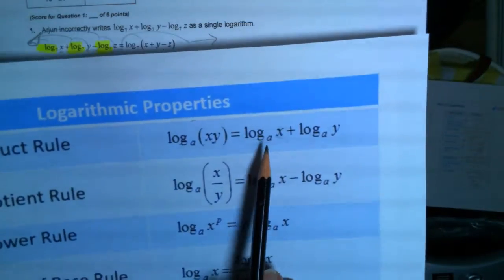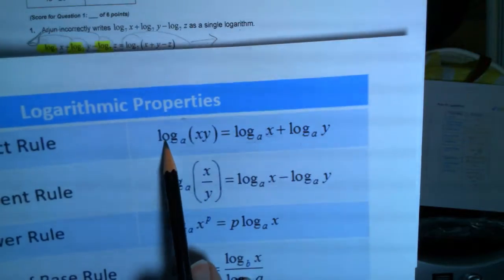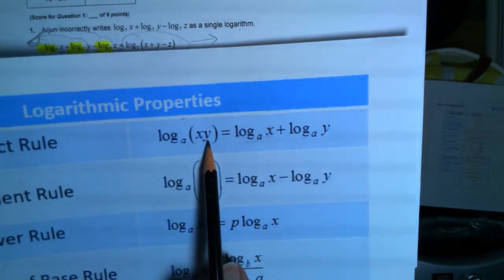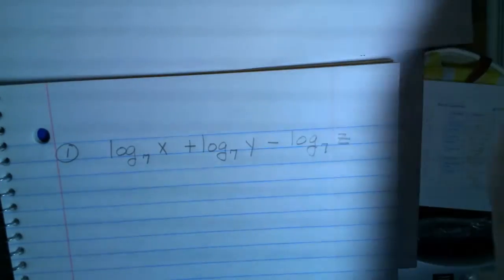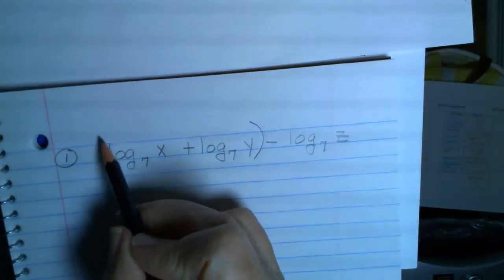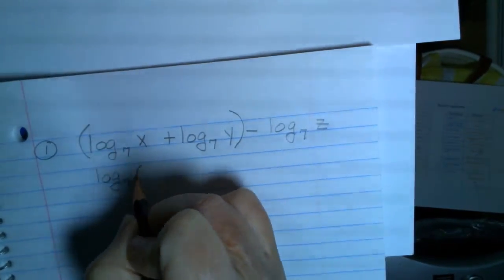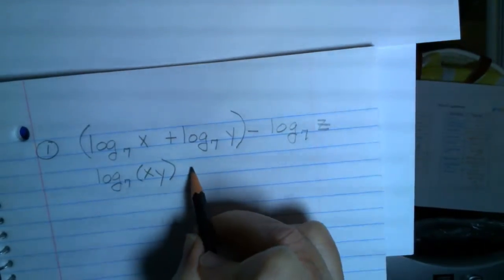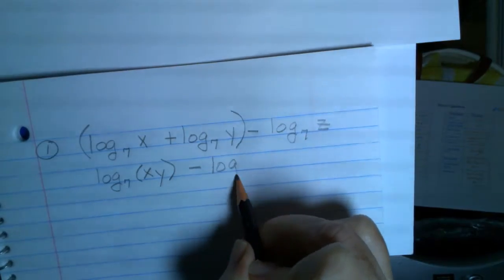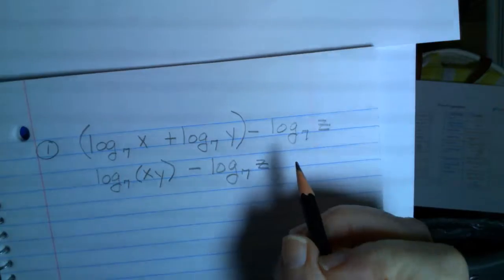What that means is we can pull out that log base a and write that as log base a of x times y, not x plus y. So let me just look at these 2 first and write this as log base 7 of x times y. Now we still have minus log base 7 of z, as in zebra.